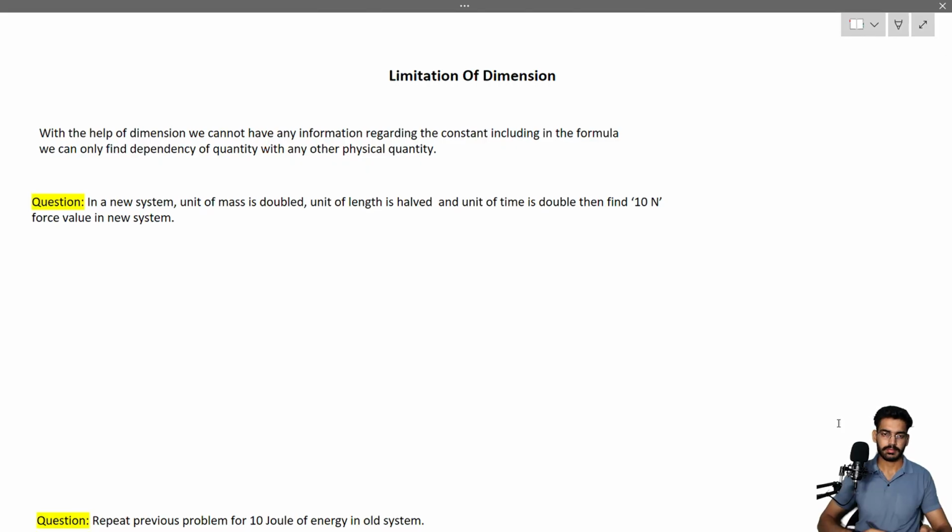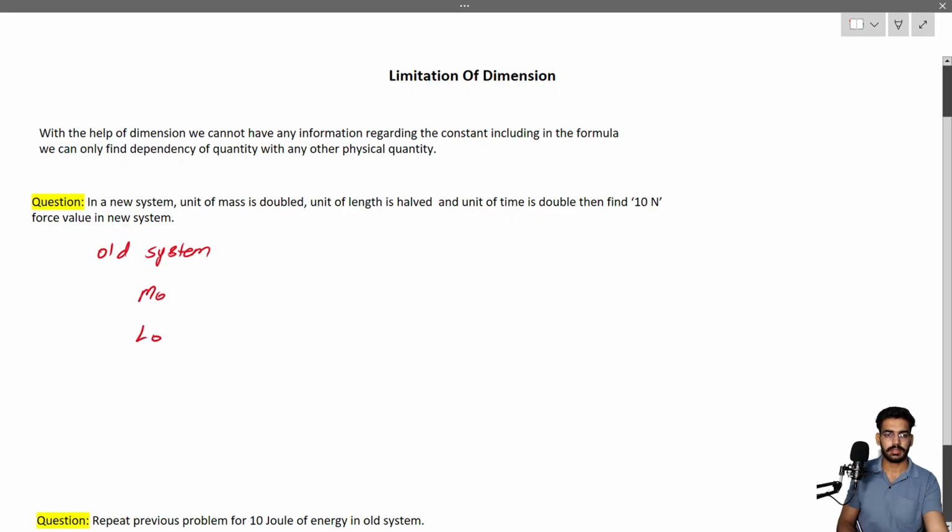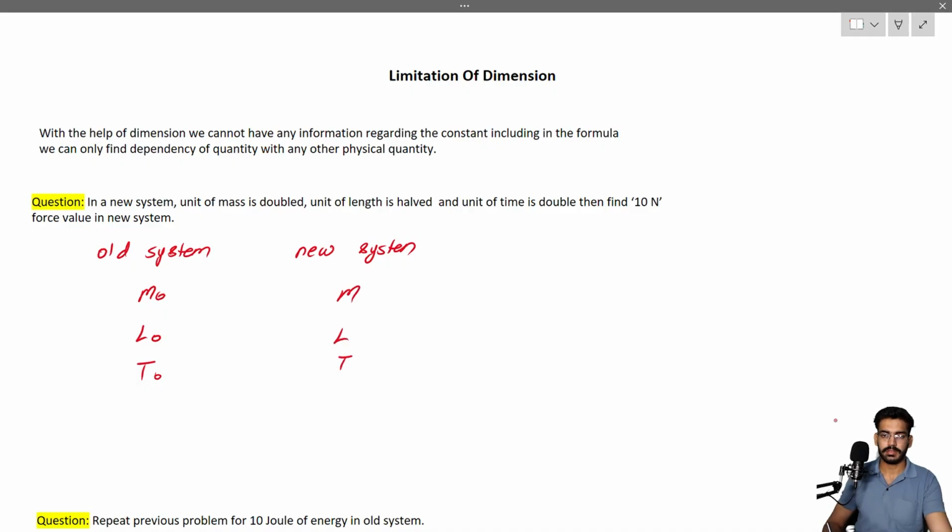So this is one kind of limitation. Now what we have here: old system, that is m naught, L naught and T naught, and in the new system I can say M, L and T, I am assuming that. In the given information, M is 2 m naught.